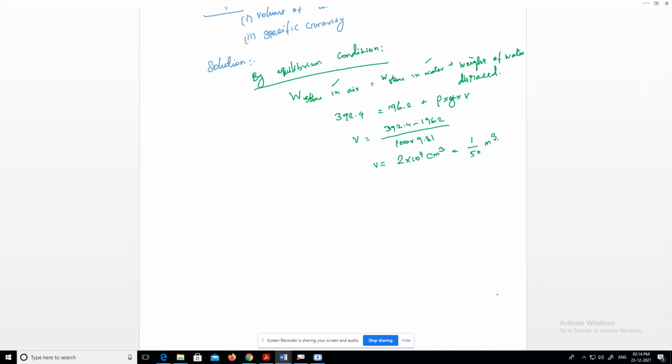Volume of stone is known. Now we have to calculate the mass of the stone and the density of the stone.